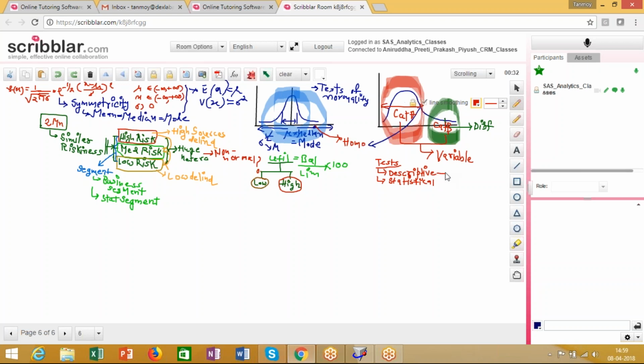Within these descriptive measures, there are again parts. One is the absolute descriptive measures, the measures of central tendency, and the third type of measure that we have is the relative descriptive measures of the descriptive statistics.